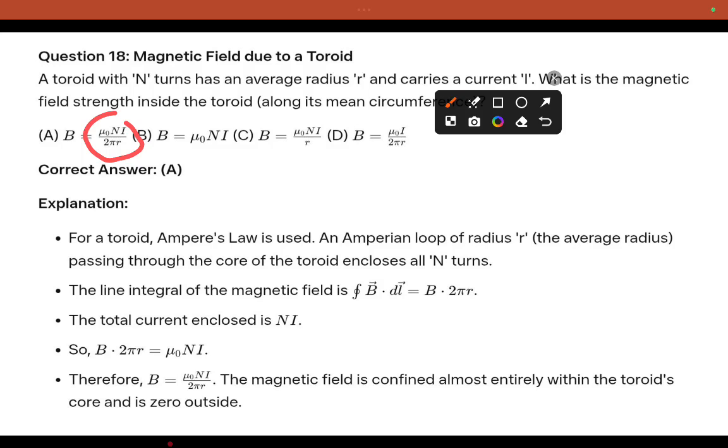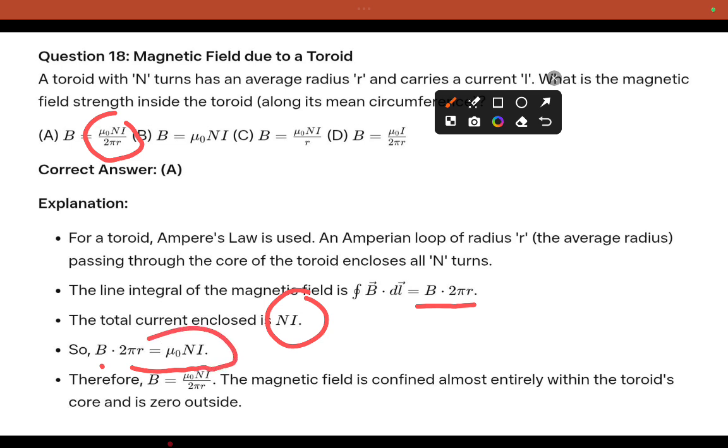The line integral of magnetic field, that is B dot dl, equals B into 2 pi R. As you know, the total current is equal to Ni. So B times 2 pi R equals mu naught Ni.